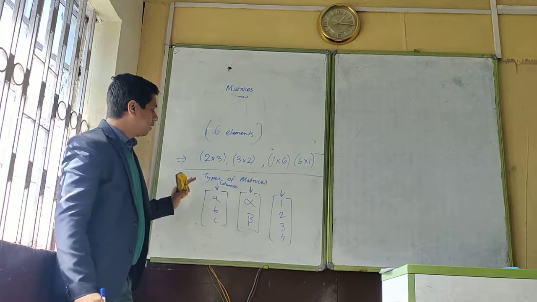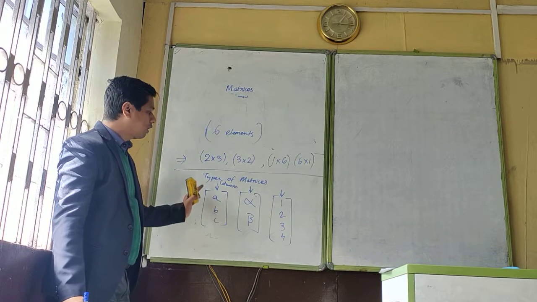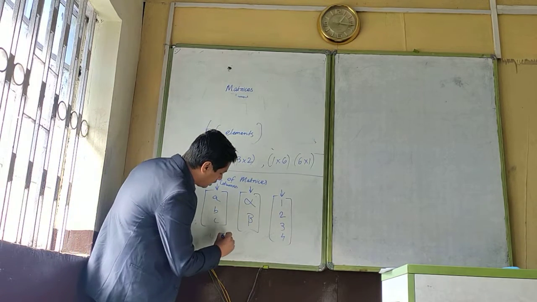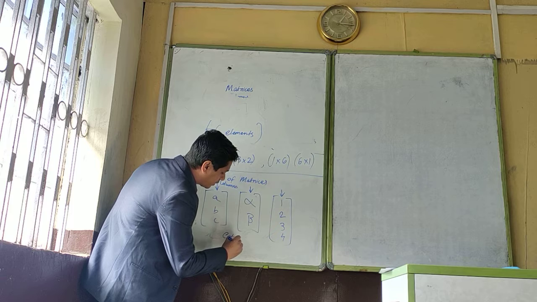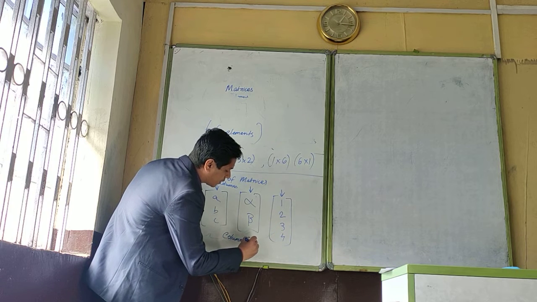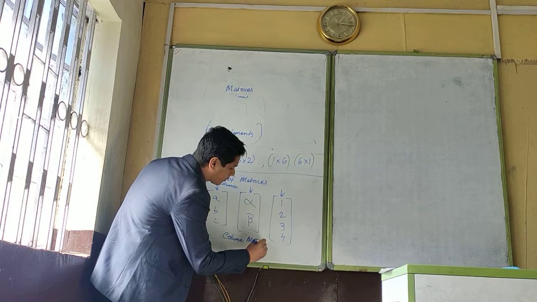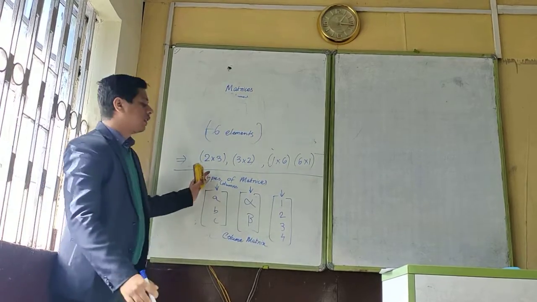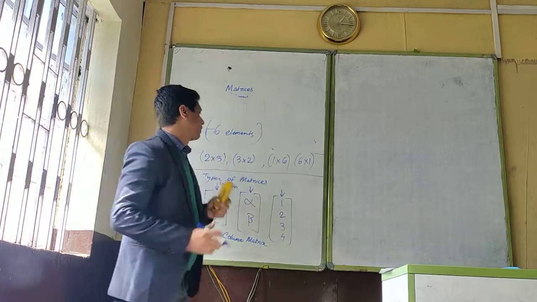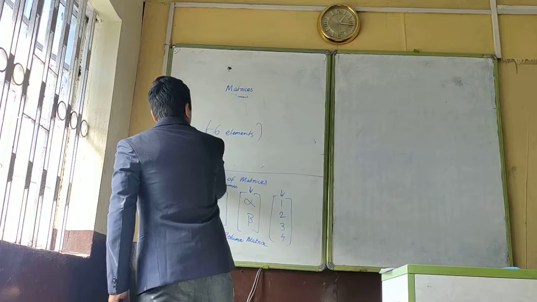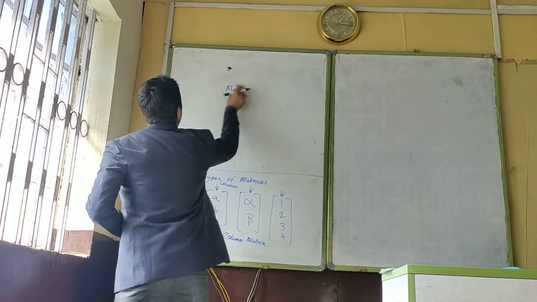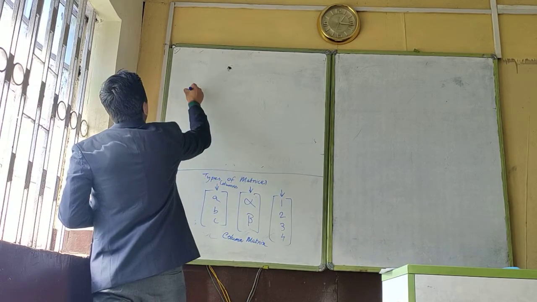So when in a matrix there are no rows, only columns present, we will call this kind of matrix a column matrix. That was the first one. Now next, row matrix.